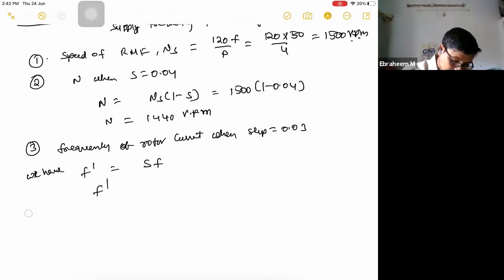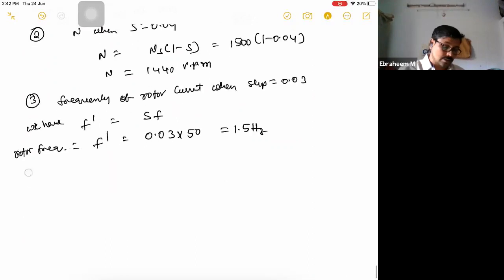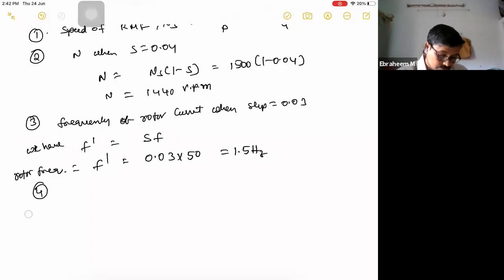So the rotor current frequency f dash is equal to 0.03 into 50. So it is 1.5 hertz. Okay.